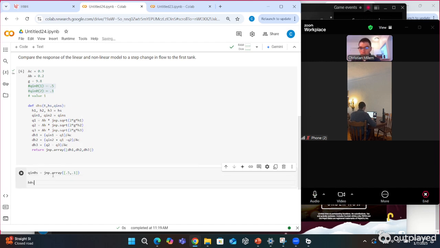Now for our initial heights, we're going to minimize that. We don't want to name the function, so that's just going to be a lambda of x. This is all going to be solved with respect to x. I forgot what comes after this. First of all, I didn't spell minimize correctly.